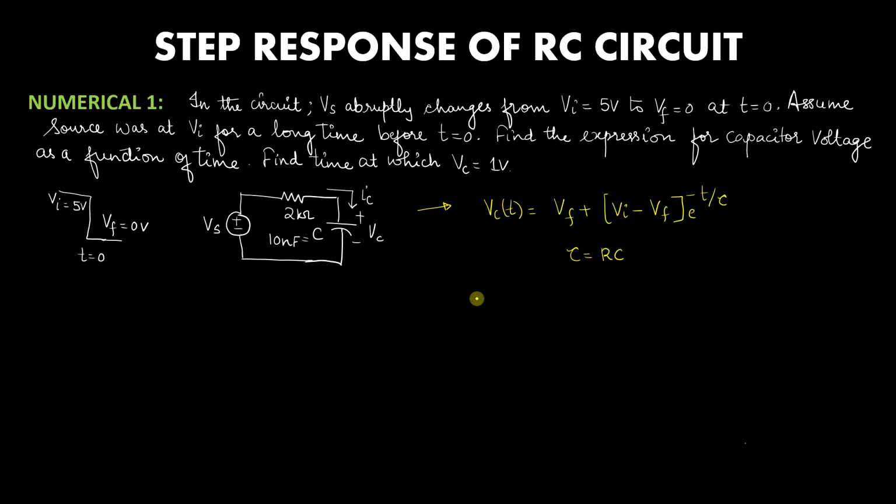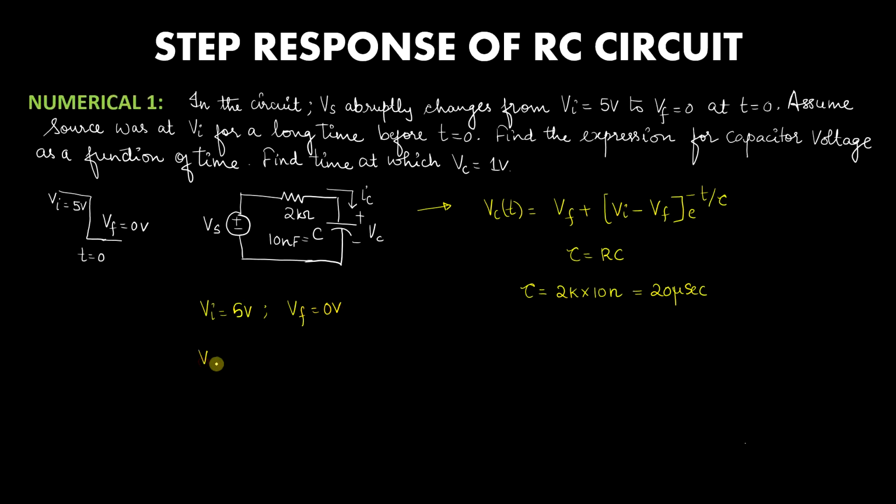So let me first find out the time constant, looking at all the circuit parameters that are given. So tau, on substituting, you have 2k multiplied with 10 nano, which is equal to 20 microseconds. And the question says Vi is equal to 5 volt and Vf is equal to 0 volt.